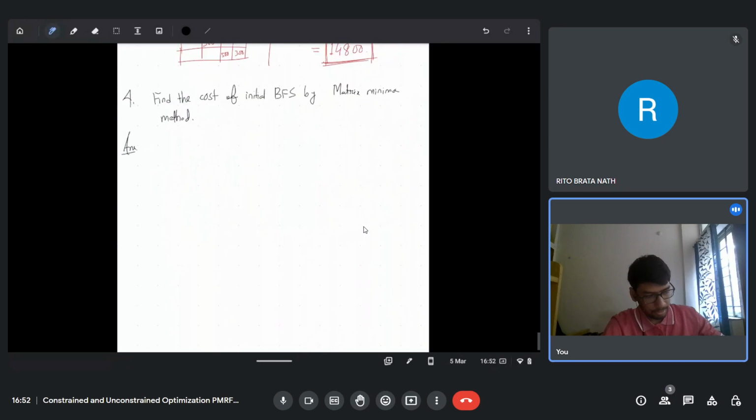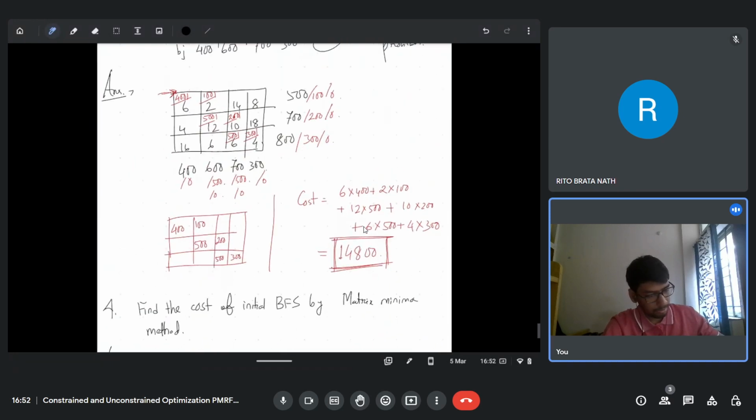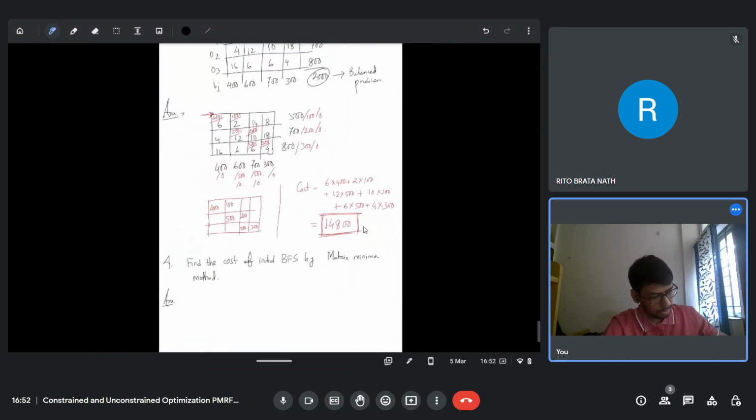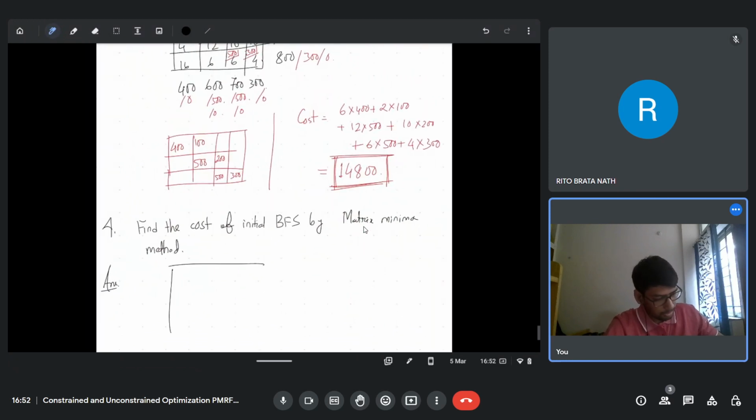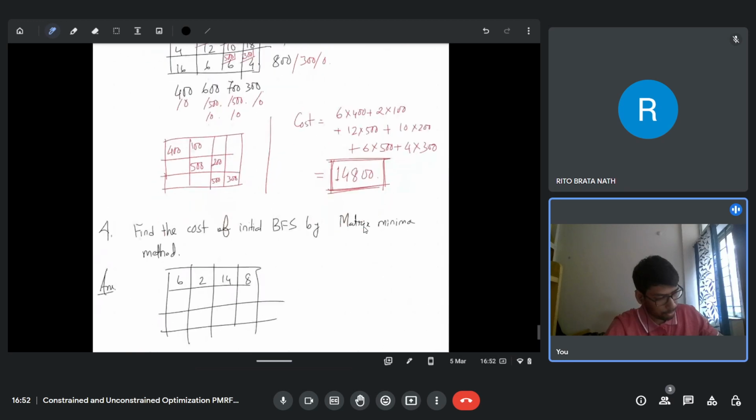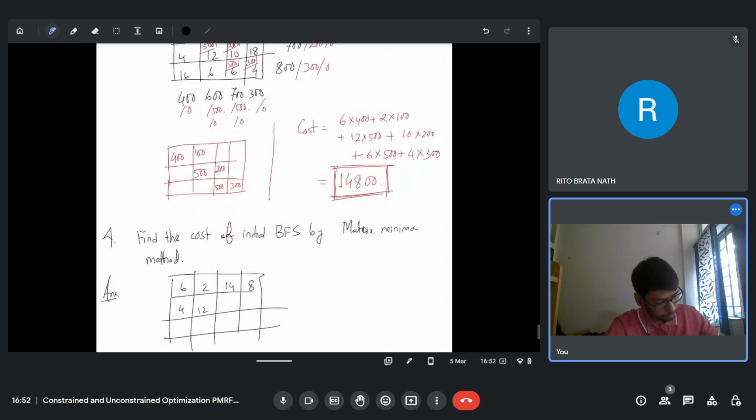So as before, I can draw the initial matrix. This is 6, 2, 14, 8. Then you have 4, 12, 10, 18. 16, 6, 6, 4.